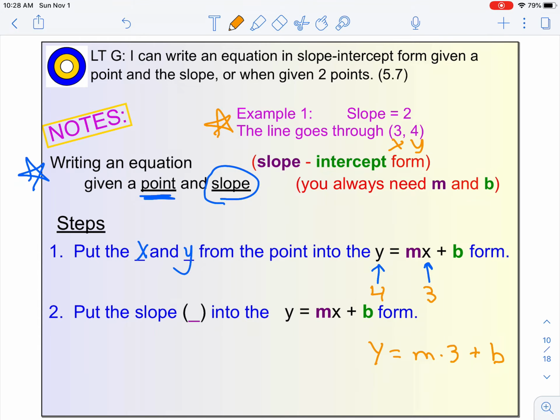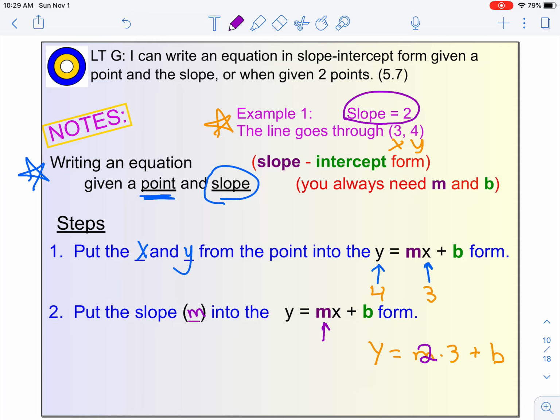So I put in the x and the y. But I can also take that slope that they gave me. They also gave me the slope of 2. So I am going to put the slope, or m value, in right here. So now this m is going to become a 2.